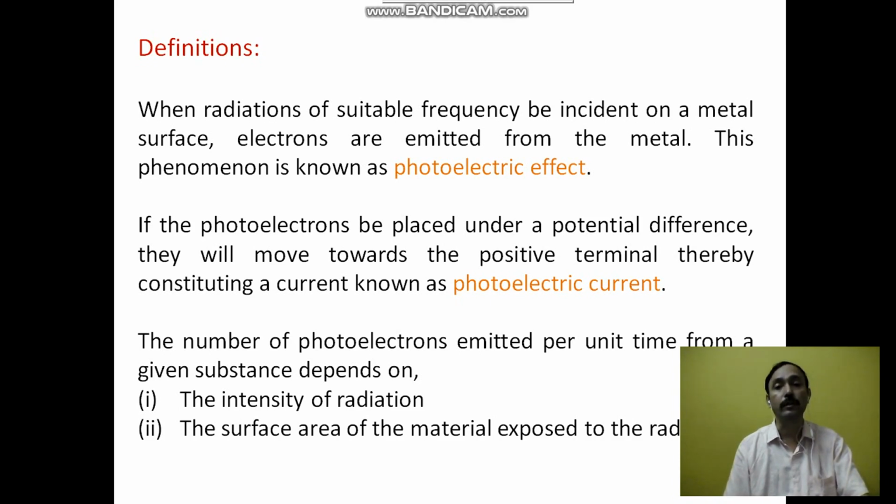This current is known as photoelectric current. The number of photoelectrons emitted per unit time from a given substance depends on, number one, the intensity of radiation, and number two, the surface area of the material exposed to the radiation.